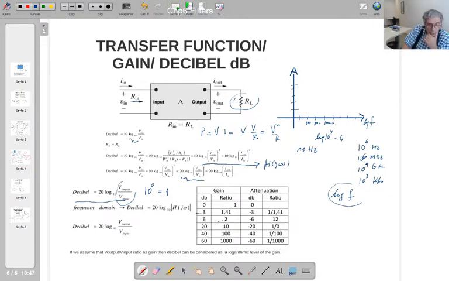If it is doubled, it is 6. If the increase is multiplied by 10, your level is 20. If you make it 1000, for example, it becomes 60. So if you move from here to here, you've got to multiply this by 10, but this is not multiplied by 10, but multiplied by 2. So you could show the higher value ratios on this axis. That is the benefit of using decibel.